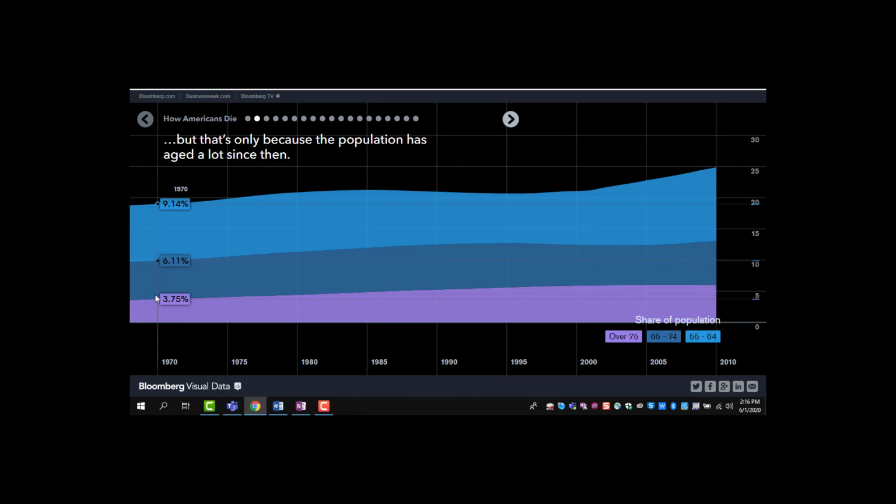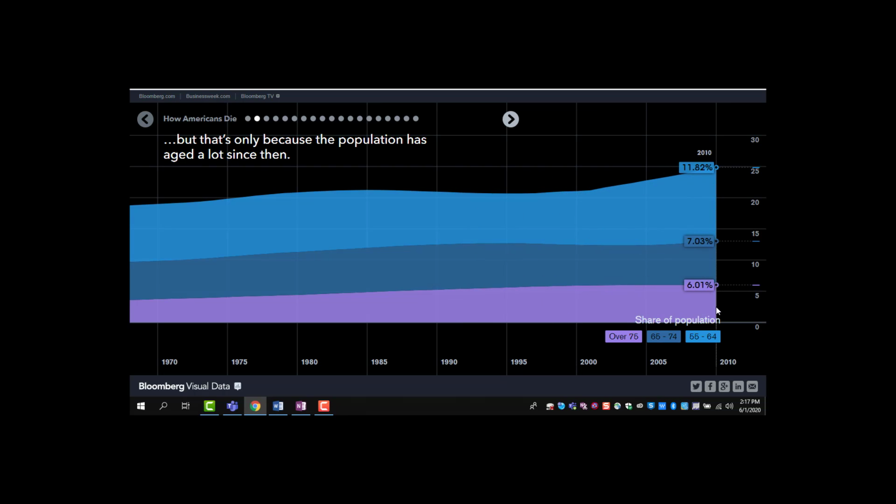So back here, in total, about 20% of the population was 55 or over. And by 2010, we have 25% of the population. And the biggest increases are in people over 75.